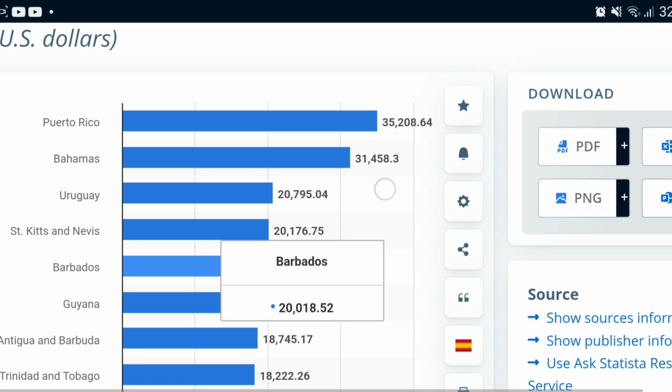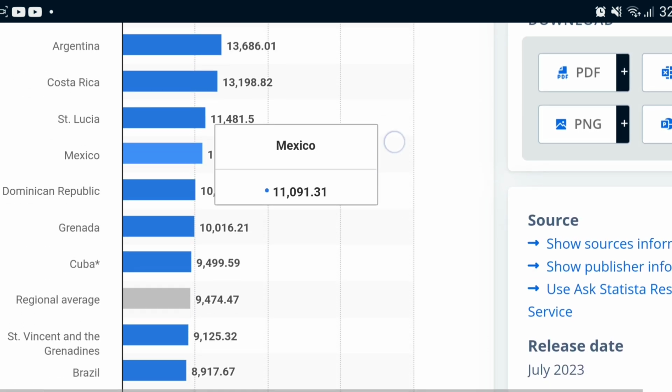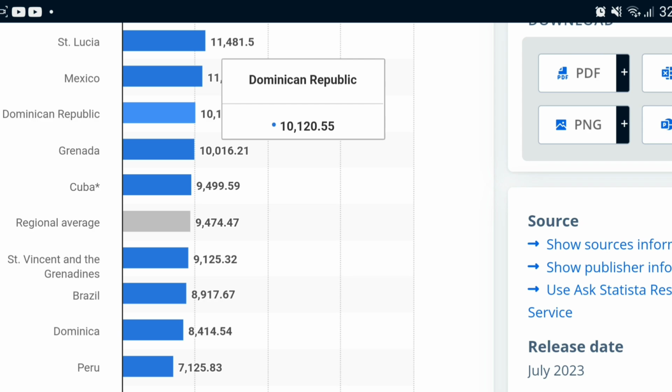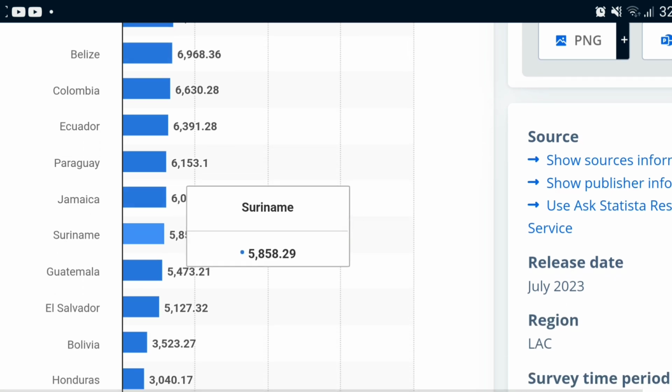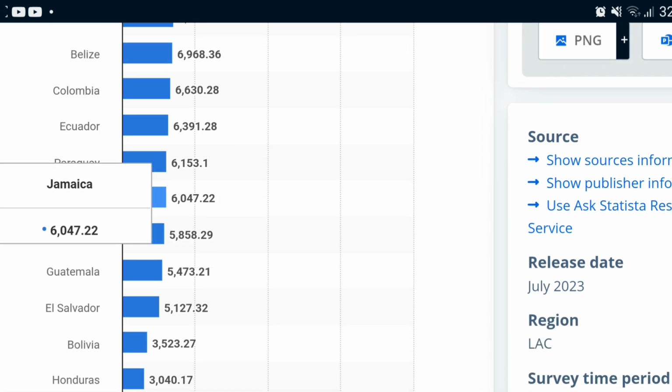Now let us go down to Jamaica. Right here is the regional average. So the regional average is $9,474.47. I still can't find Jamaica. So Jamaica is way down here at $6,047.22.